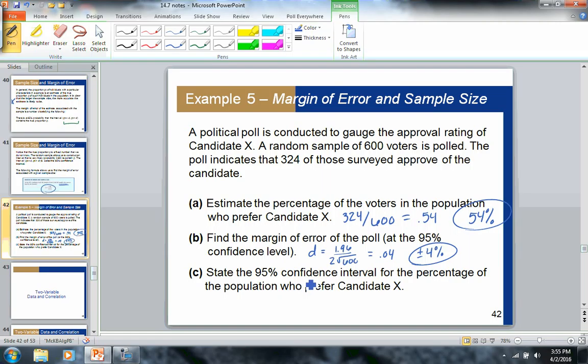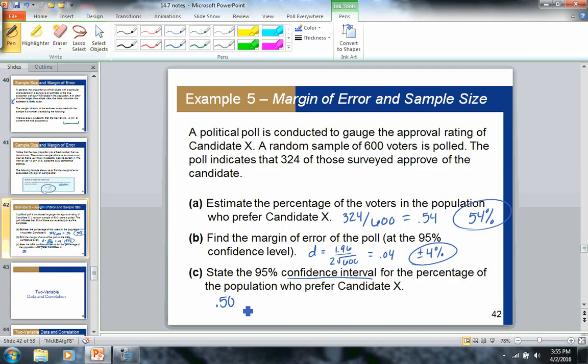So now we're going to state the confidence interval. That means we want to go up 4% and down 4%. We can think of it in terms of a decimal, or we can think of it in terms of a percent. We could take the 0.54 and subtract the 0.04, so we would get 0.50.